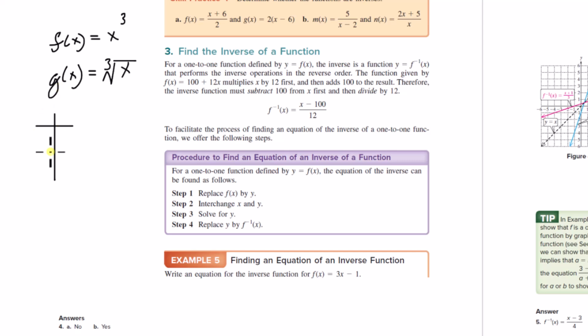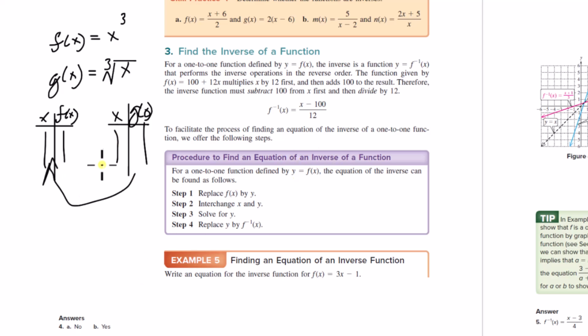You have x, f of x, and then you've got x, g of x. This function can take these outputs as inputs and turn them back into the original inputs, and vice versa. I could flip this. This function could take the g of x outputs as inputs and turn them back into the original inputs.